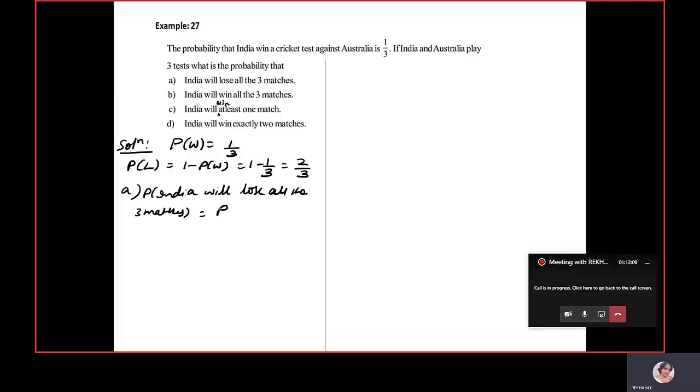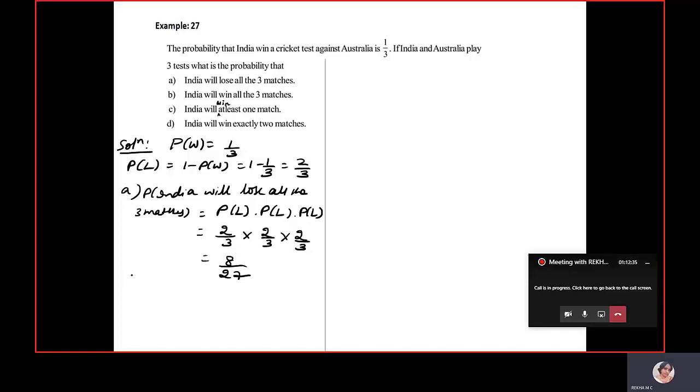So it is P of L into P of L into P of L. So it is 2 by 3 into 2 by 3 into 2 by 3, 8 by 27.